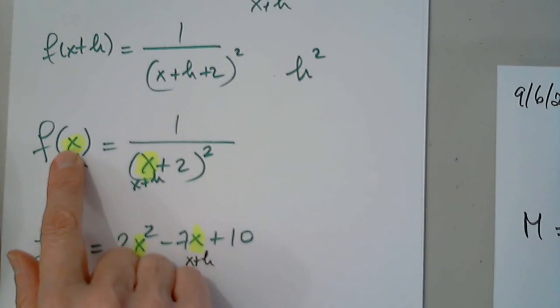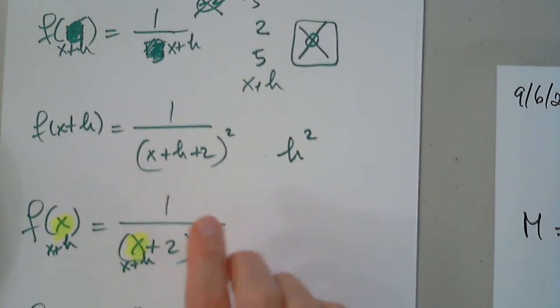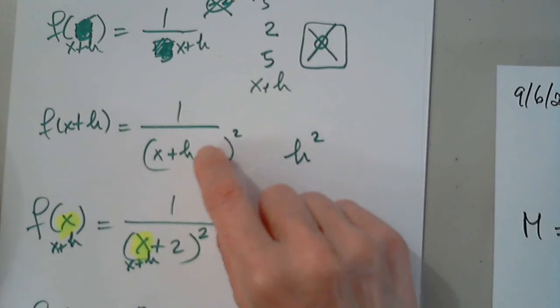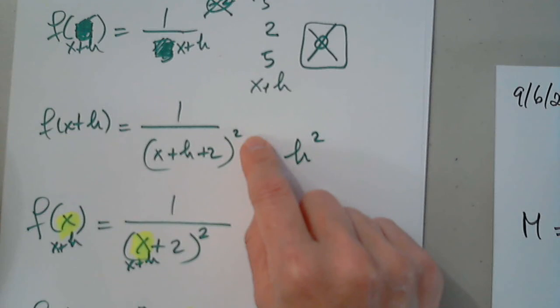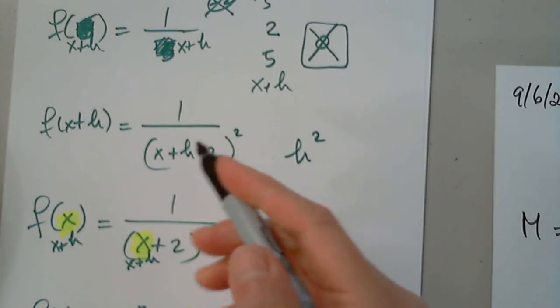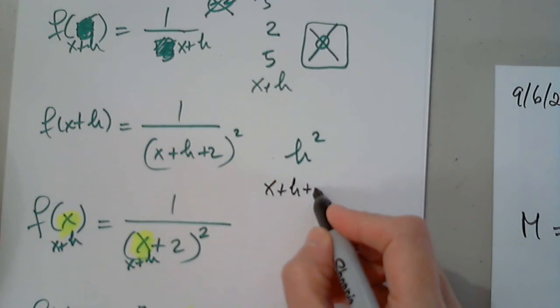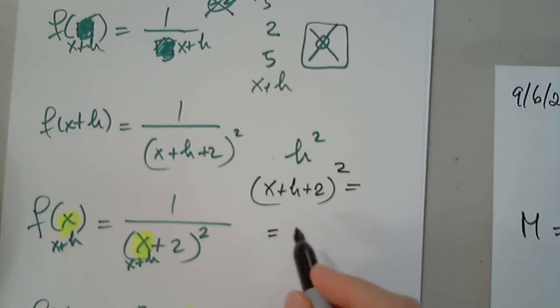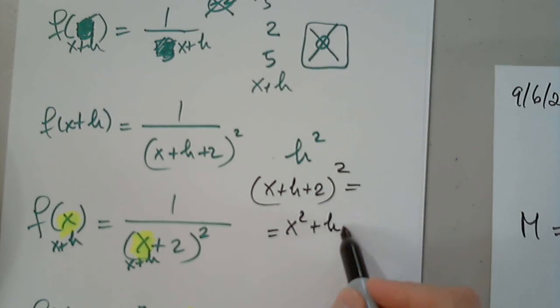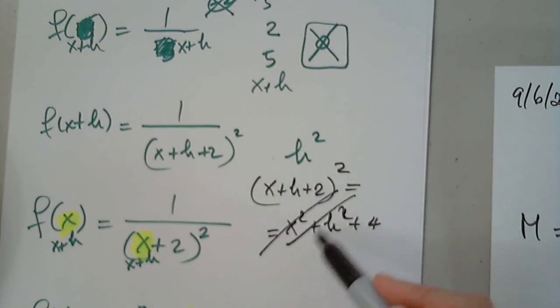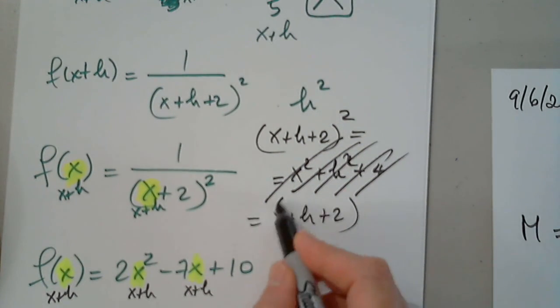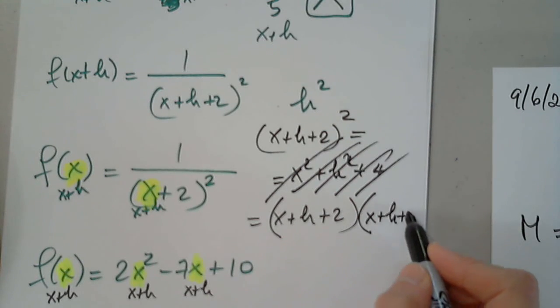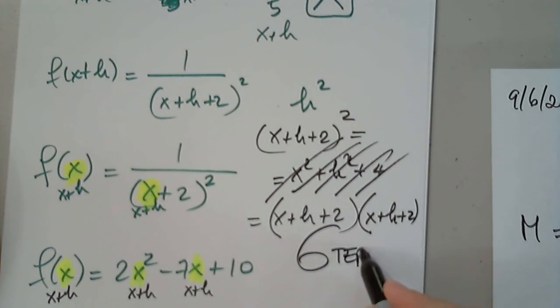So I have here x plus h now that this is x plus h. So it turns out to be x plus h plus 2. But this does not mean that h is squared. The whole thing is squared. And when we square something like this, x plus h plus 2, everything squared, please remember this is not x squared plus h squared plus 4. This is x plus h plus 2 multiplied by x plus h plus 2, and that has 6 terms.